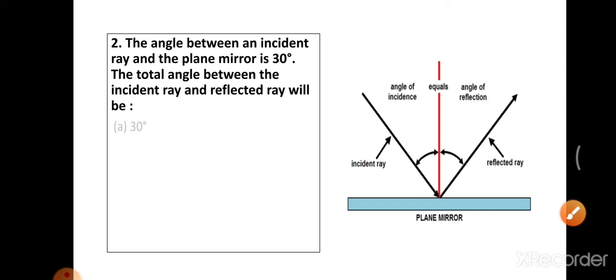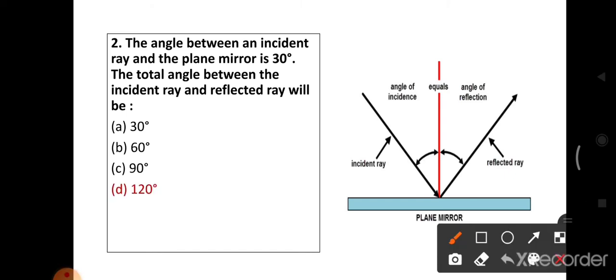So we will see the options. Option A 30 degree. Option B 60 degree. Option C 90 degree. Option D 120 degree. So option C is the correct answer because this is 30, this is 60.